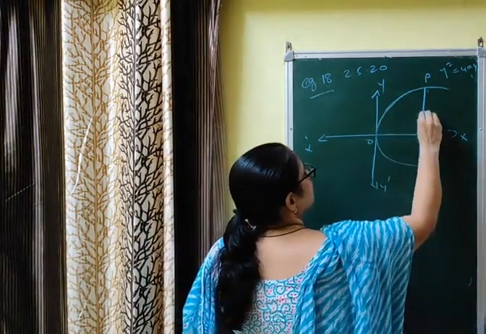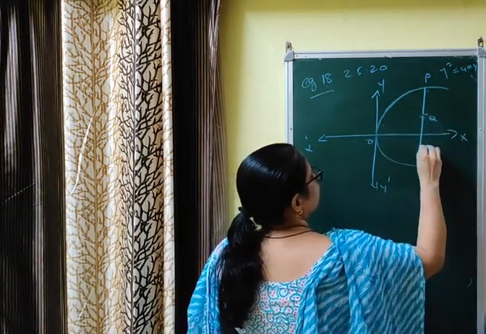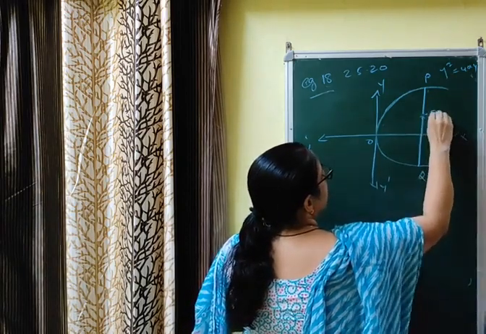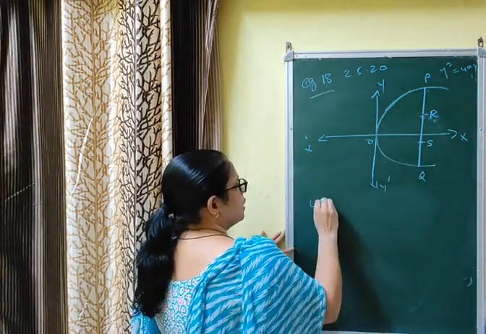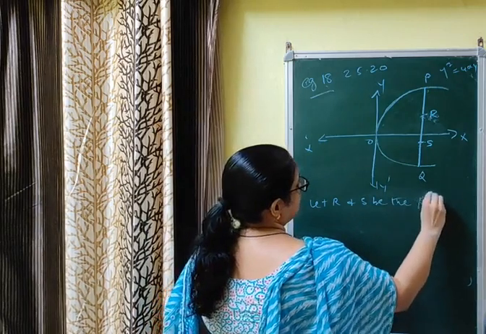Let P and Q, PQ already taken, R and S be the points of trisection. Let R and S be the points of trisection.